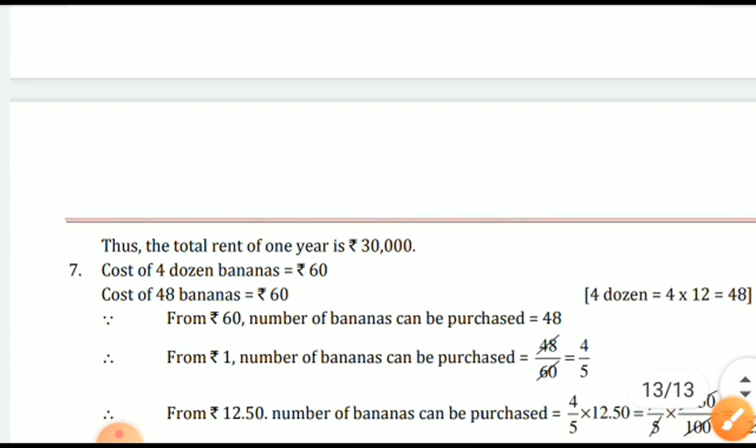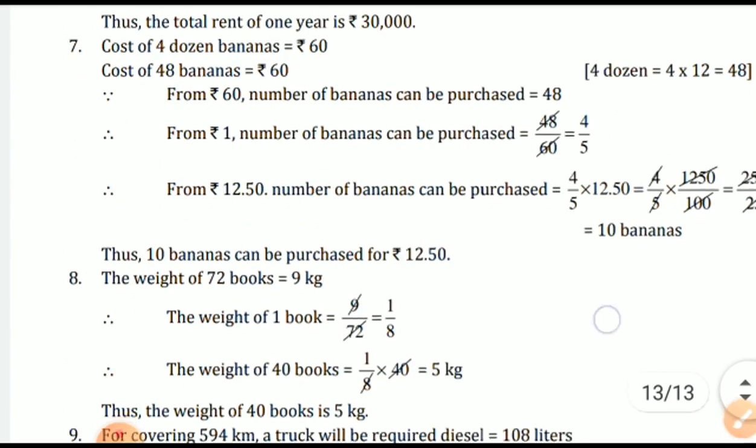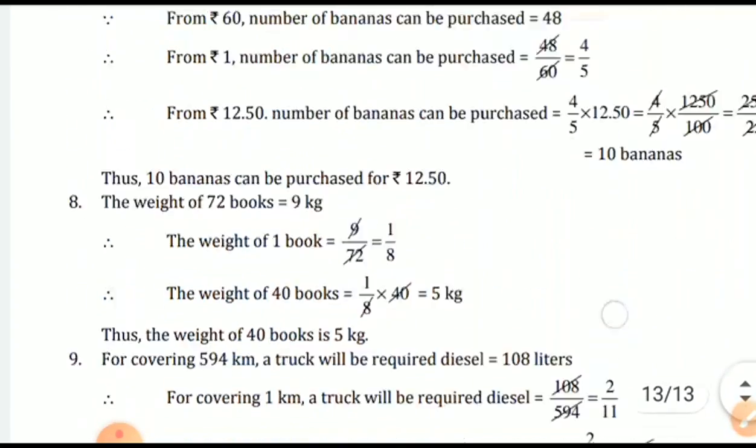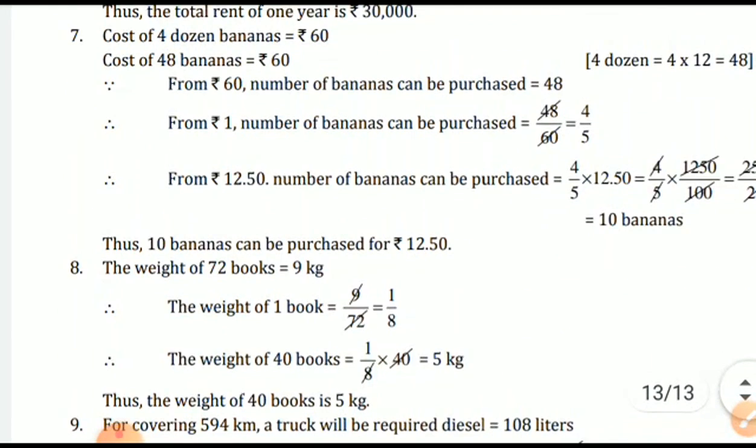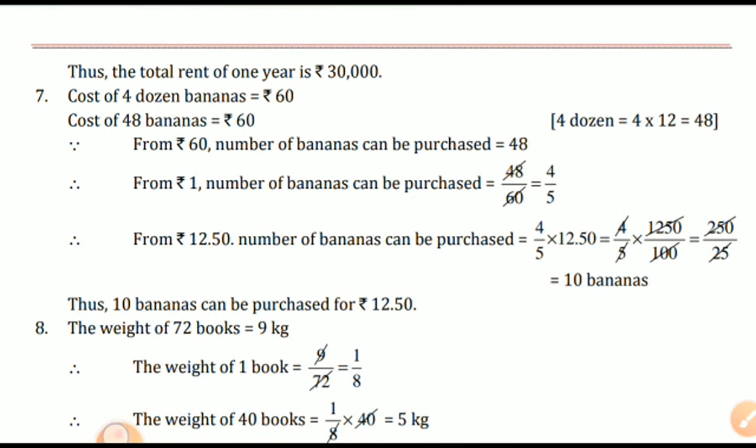Now look at the next, last but one answer, 7, 8, 9, 10. Will you see it, beta, and try to understand, and I have to explain, so I am going to explain now.